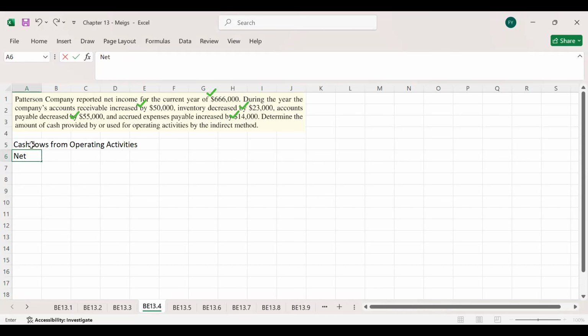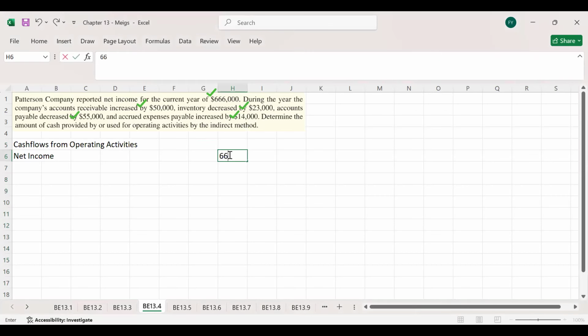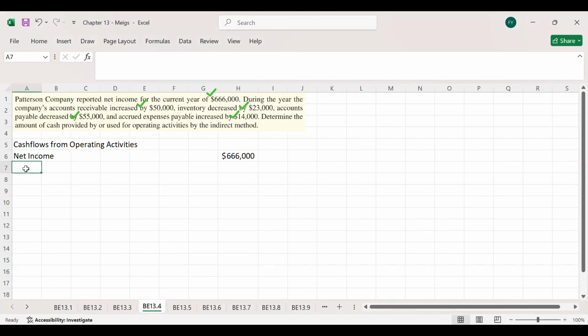Net income is this figure, with all the figures in dollar amounts. Then the adjustment to reconcile net income to net cash from operations.